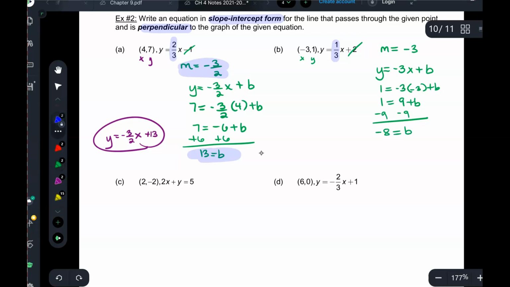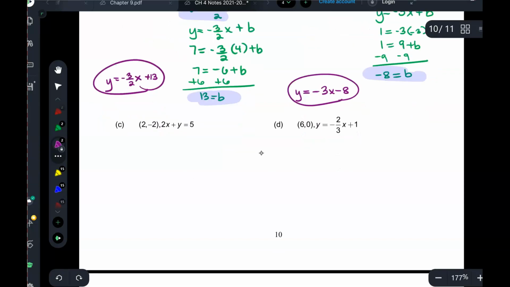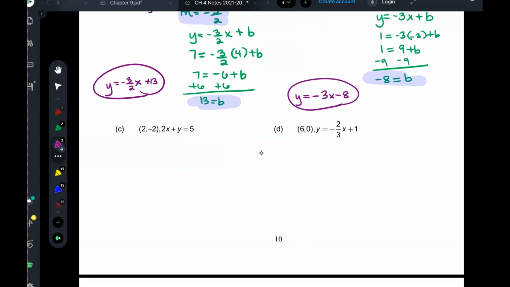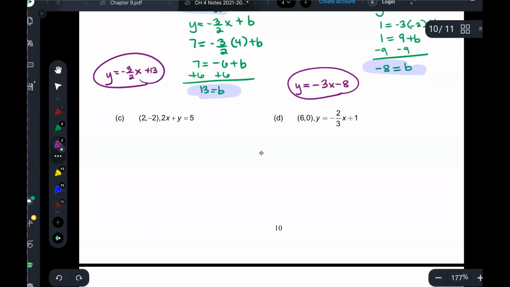So again, don't use the 1/3. I want to use the negative 3 and the negative 8. So it'd be y equals negative 3x minus 8. Pretty straightforward, nothing surprising.